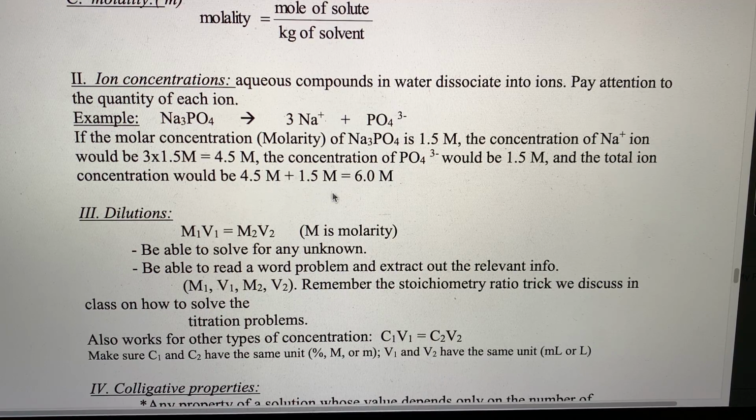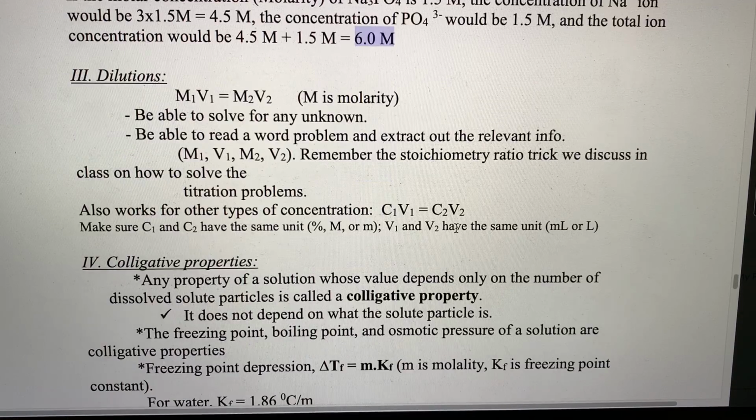In this case, if we have 1.5 molarity of sodium phosphate, the sodium would be 3 times that, which makes it 4.5, and the phosphate is 1 times, the same 1.5. So 4.5 and 1.5, you have a total of 6 molarity for ions. For every 1 sodium phosphate, you have 4 ions, because you have 3 sodium and 1 phosphate.